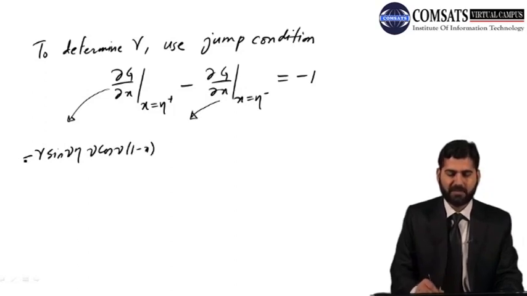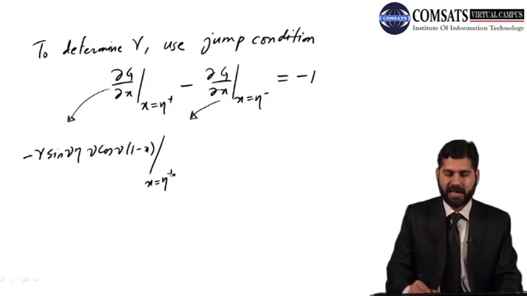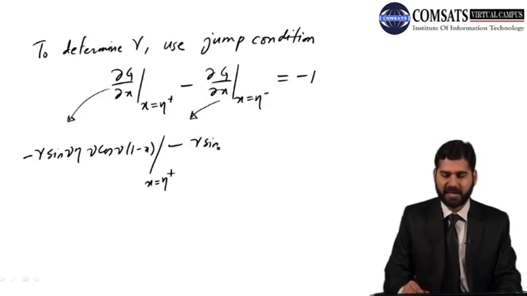Why does this minus come up front? Because the derivative of sine is cosine and the derivative of the inside is negative nu. So that's why I wrote negative over there. This is at x goes to eta plus. And minus this one, this is nu gamma sine nu (1 minus eta) and nu cosine nu x. This is at x goes to eta minus.